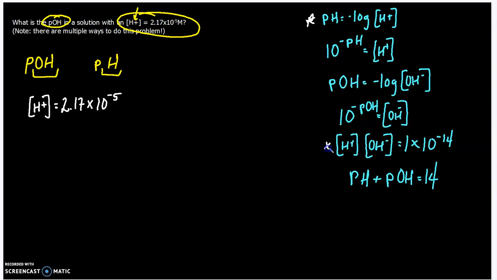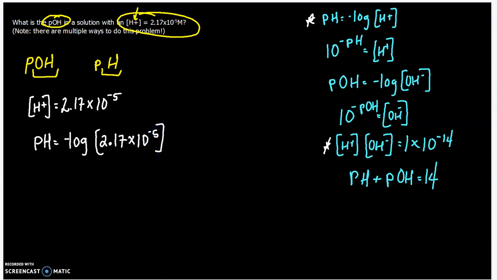And then this one has H plus. This one's division, that one's fair to use, and this one is also fair game. I'm going to use the top one, but you can use the other one. That's completely fine. So I'm going to say pH is equal to the negative log of 2.17 times 10 to the negative 5.